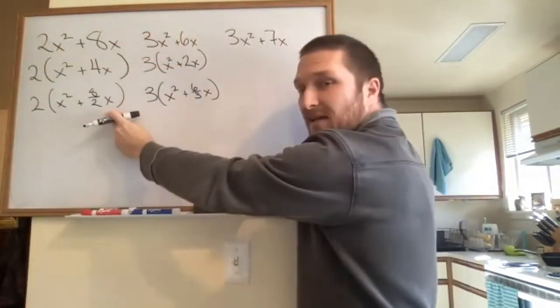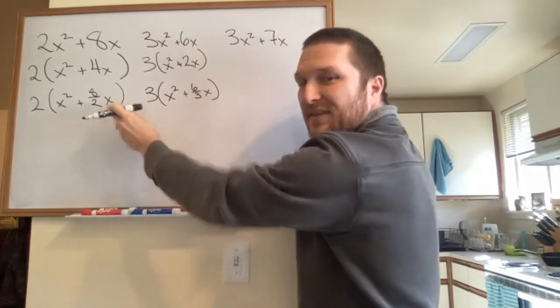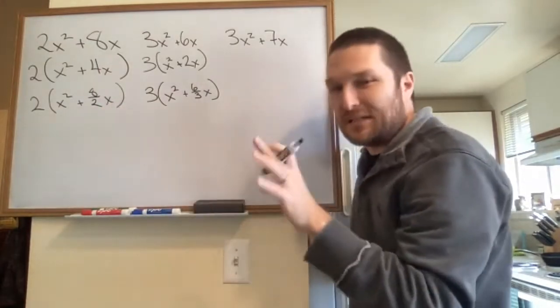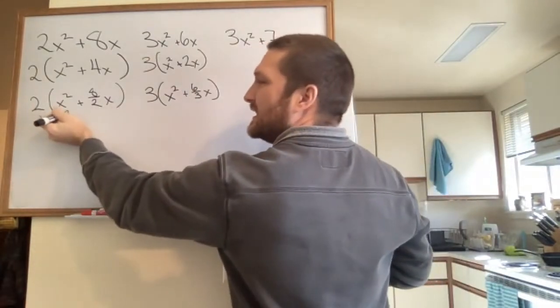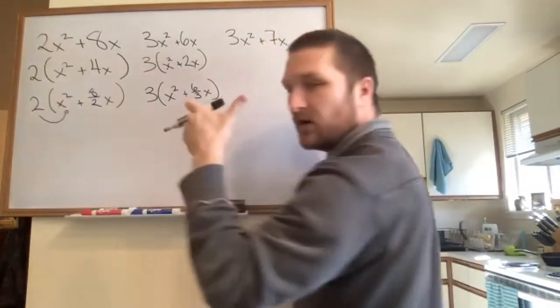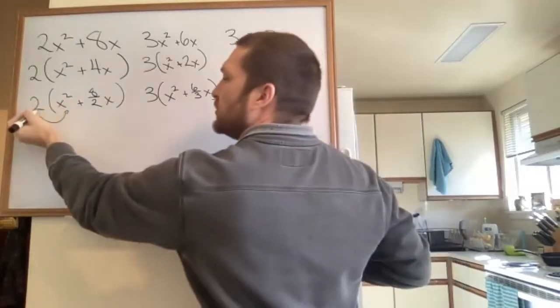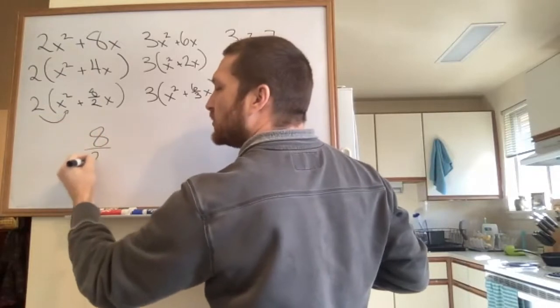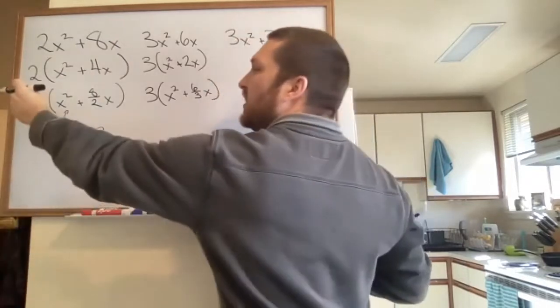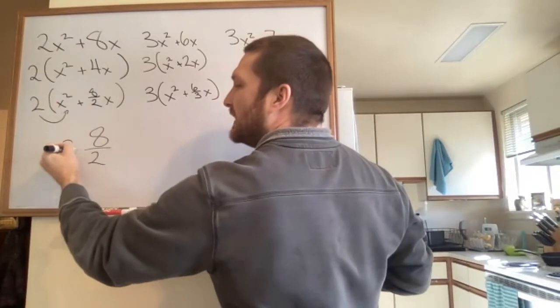What's nice about this is that this one's even easier to see. You don't even need to do any calculations really, right? The 2 comes in, hits the x, and gives you 2x squared. You're good. The 2 comes in, and what's really nice is by writing 8 over 2, you don't need to use your brain. The 2 comes in and gets multiplied.